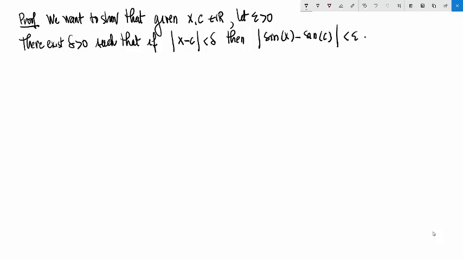Right, so let's look at the distance between sine of x and sine of c.